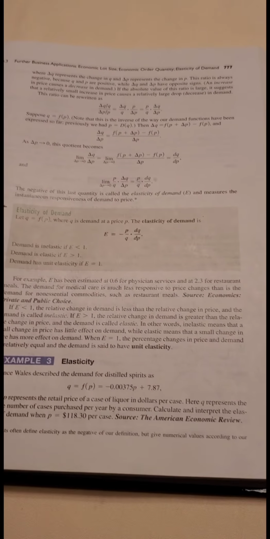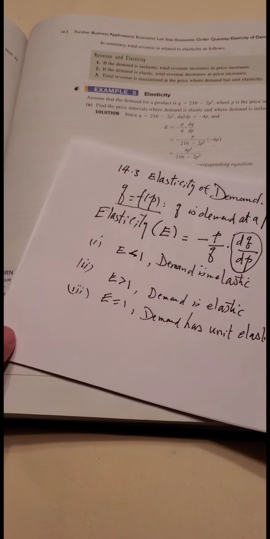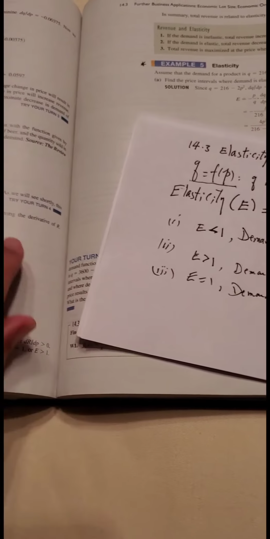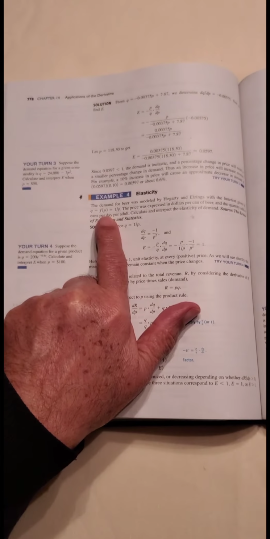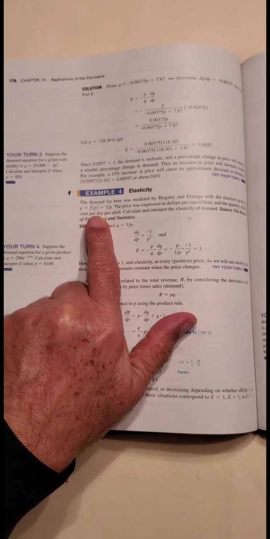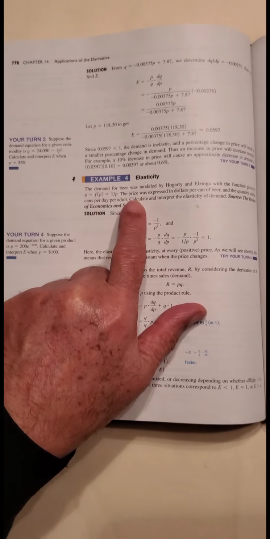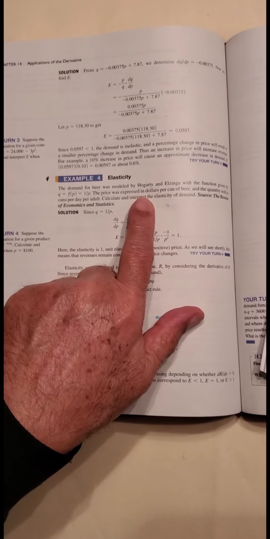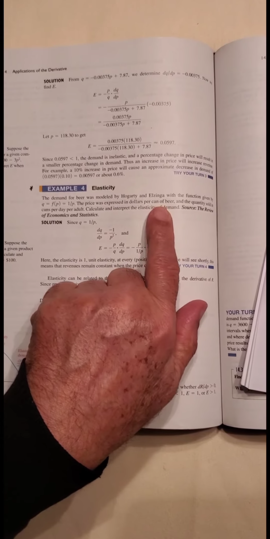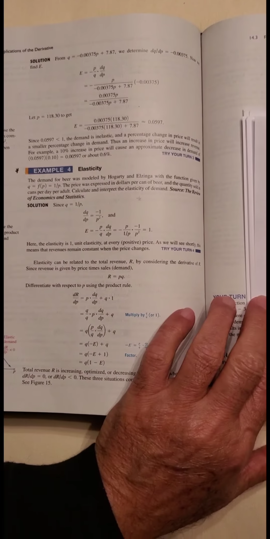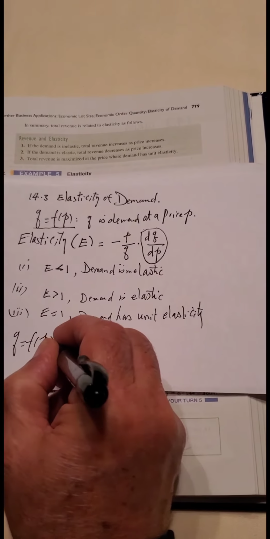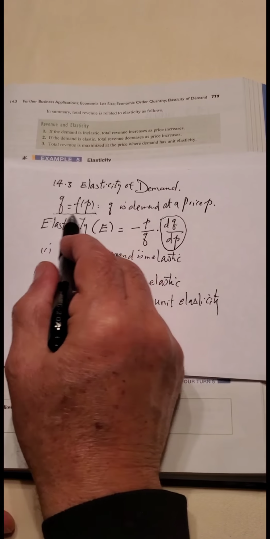For instance, here I have a problem that we can work on, again from your book. The demand for beer was modeled by Hogarty and Elizanga with the function given by Q equals f of p, which we said is the definition of the function.